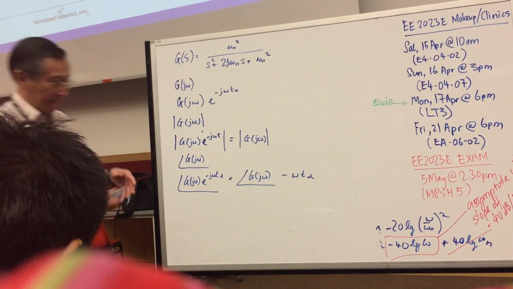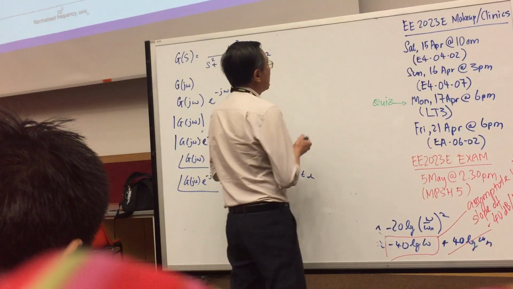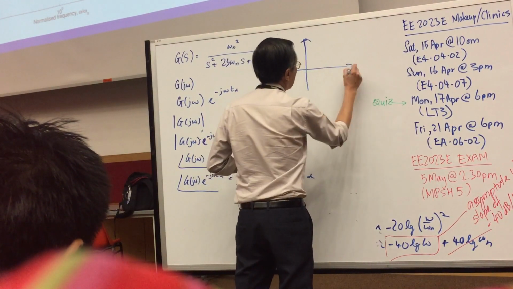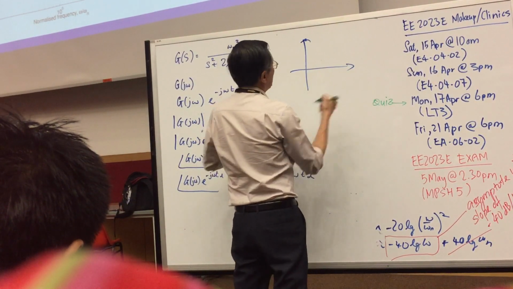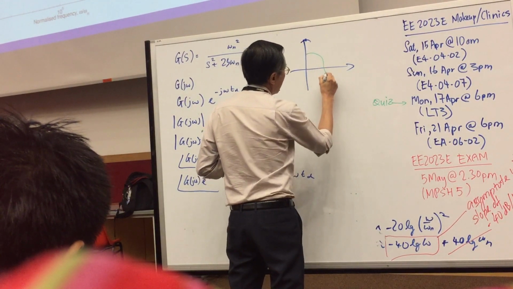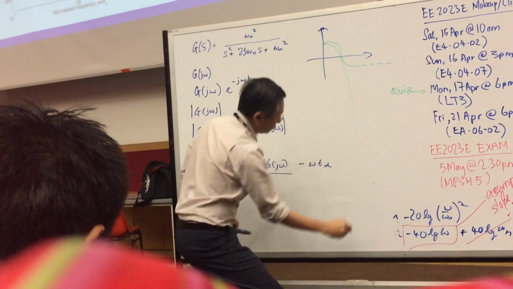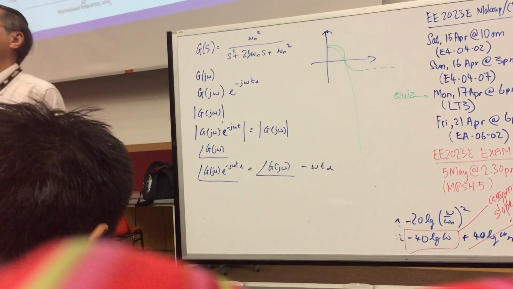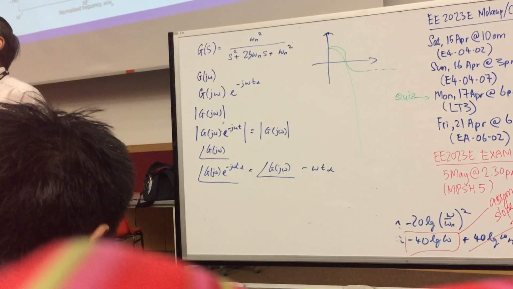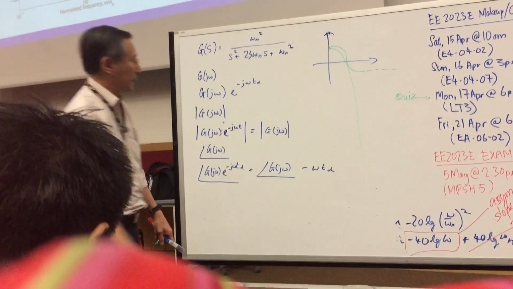When the phase Bode plot doesn't flatten out, this guy will go down. Alright? Why?